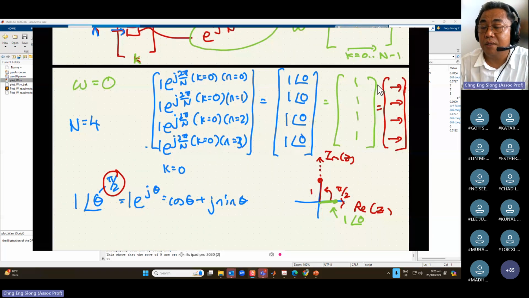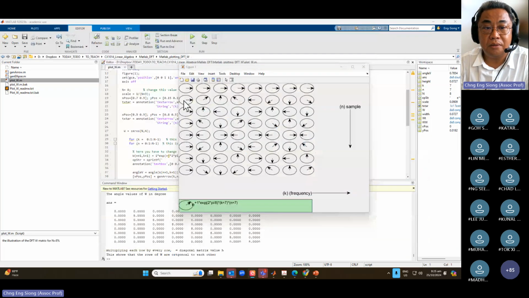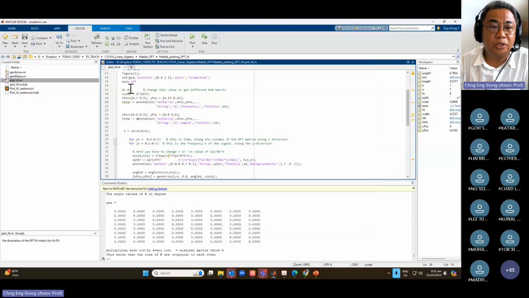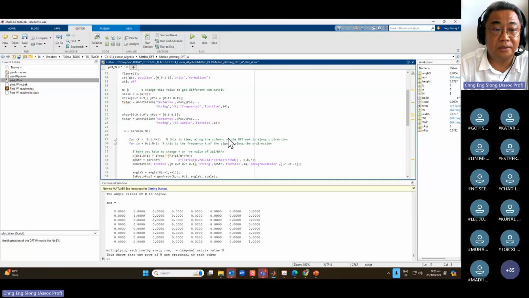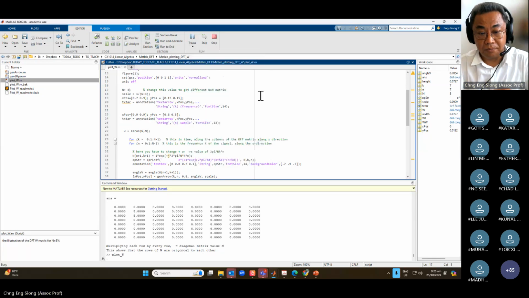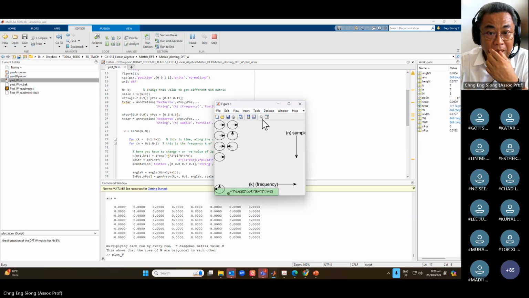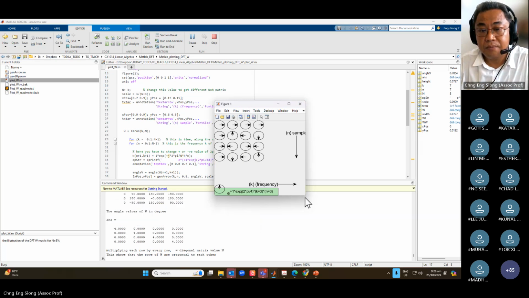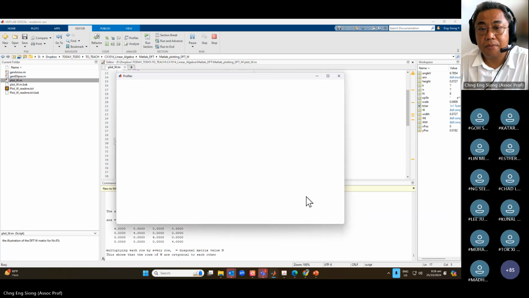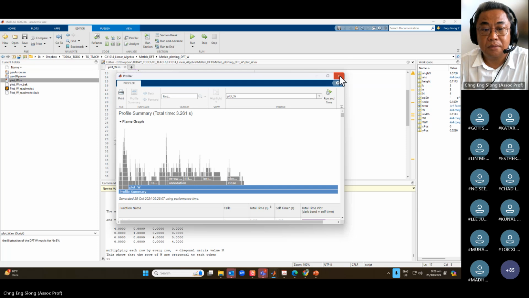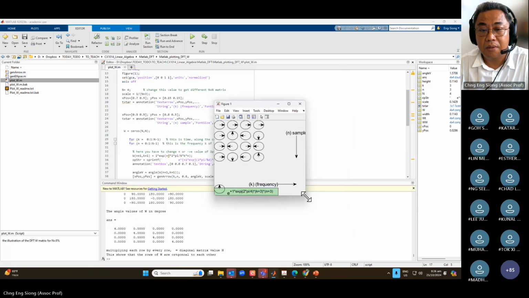It is amplitude 1, phase 0. So you see, it's all 1. Okay, I'm going to change n equals to 4 for you first. Let's run. See?